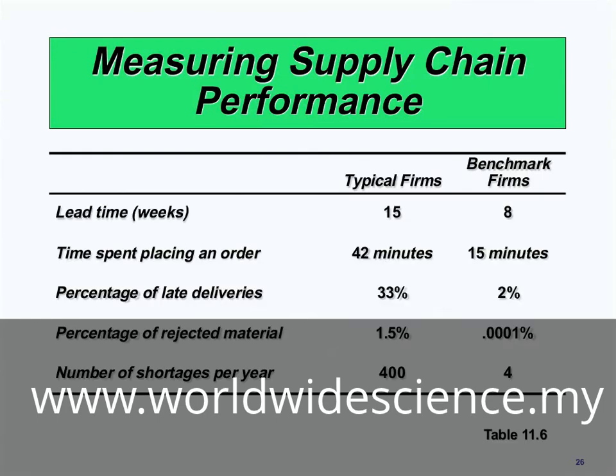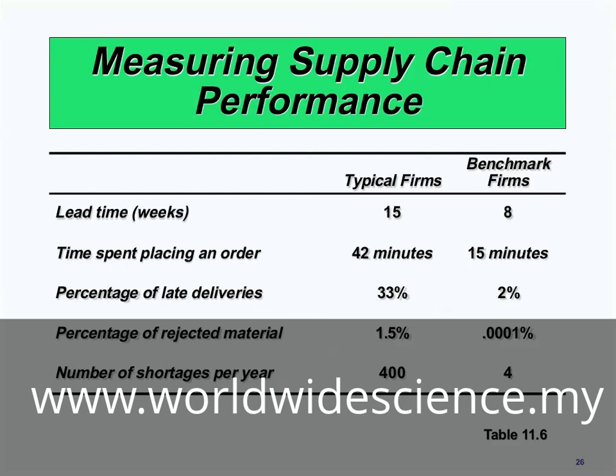Measuring supply chain performance sometimes involves measuring lead time, for example. In this example, the lead time is measured in weeks. Typical firms have 15 weeks lead time.